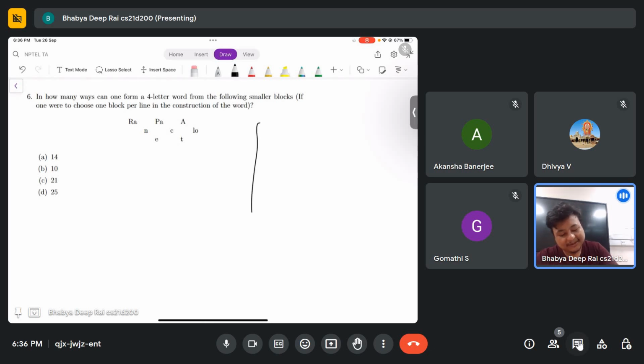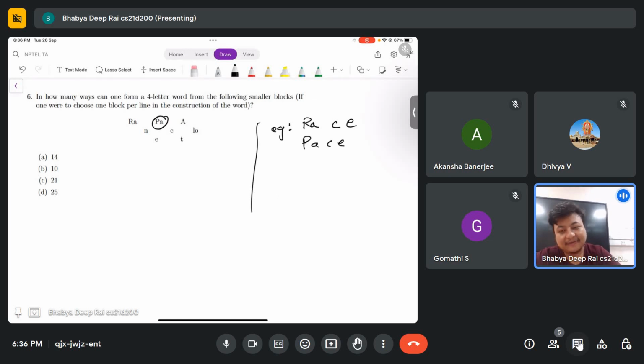So what it means is, an example of a word here is I choose one from the first line, let's say RA. I choose another from the second line, let's say C. And I choose one from the third line, E. So RACE is one word. Similarly, PACE is another word.